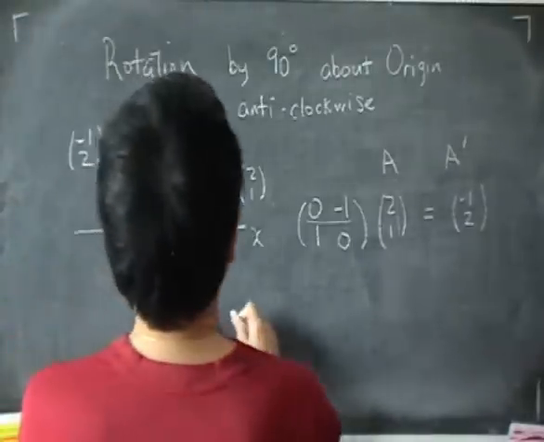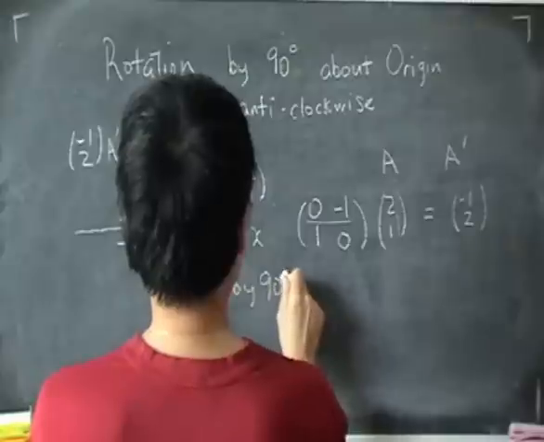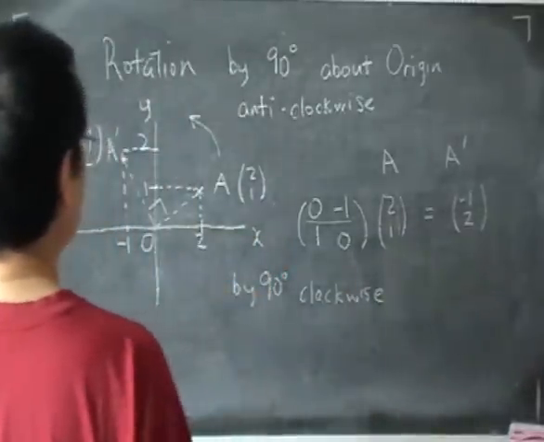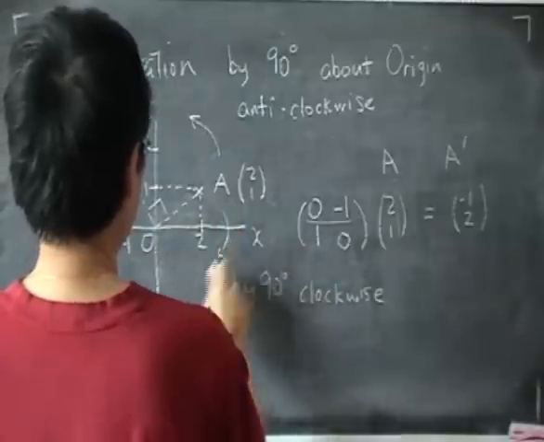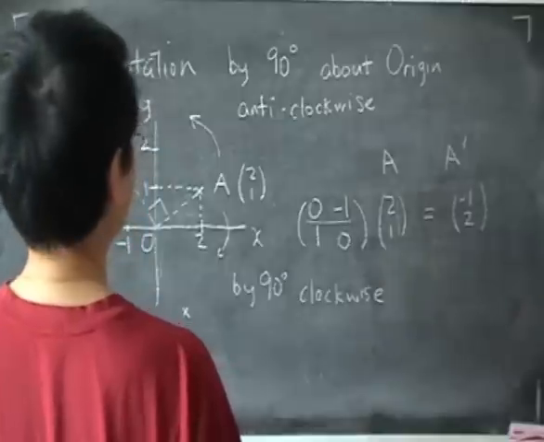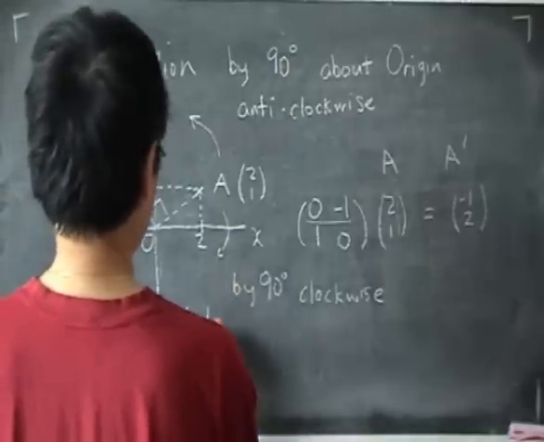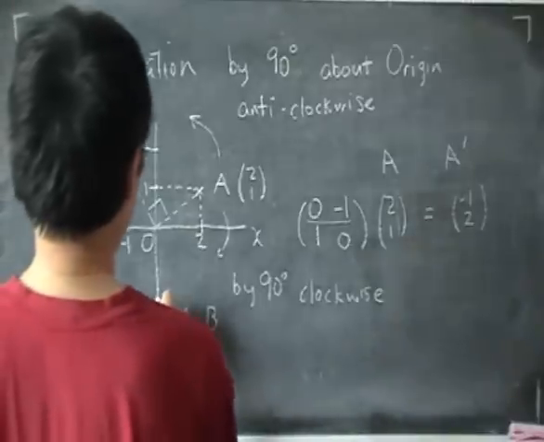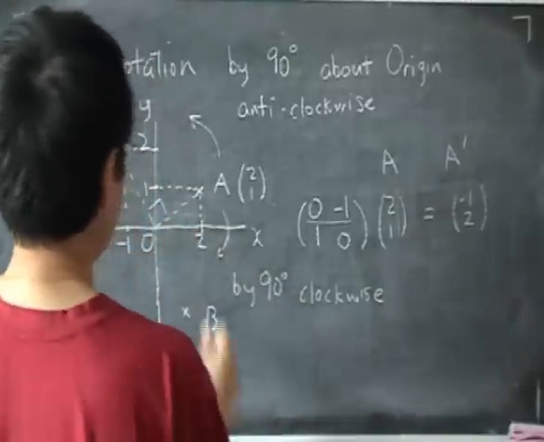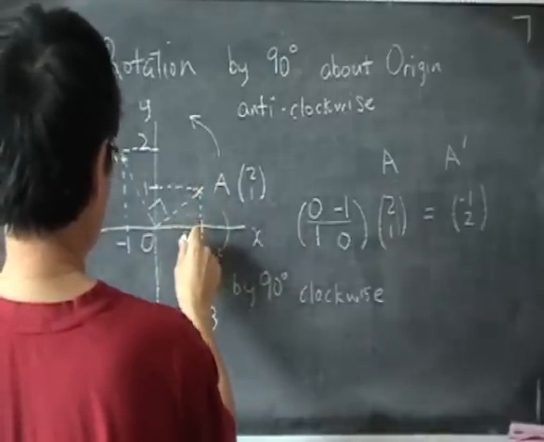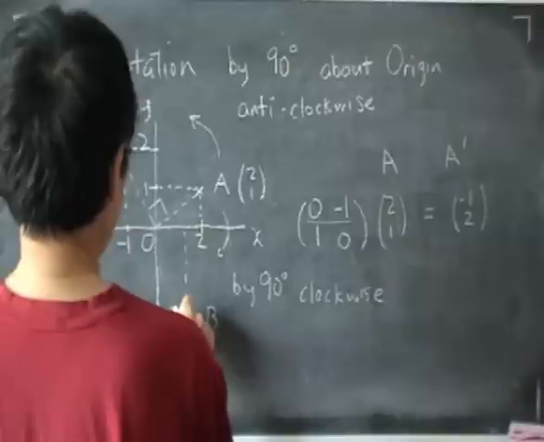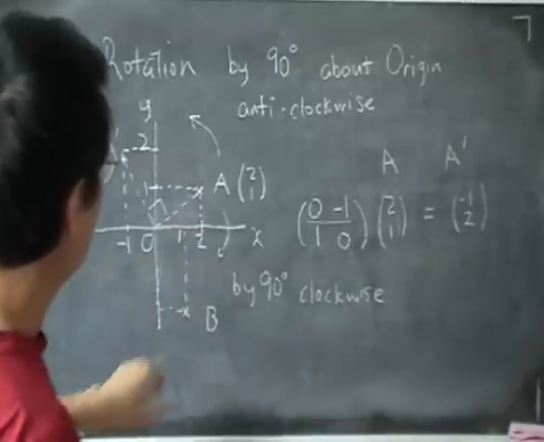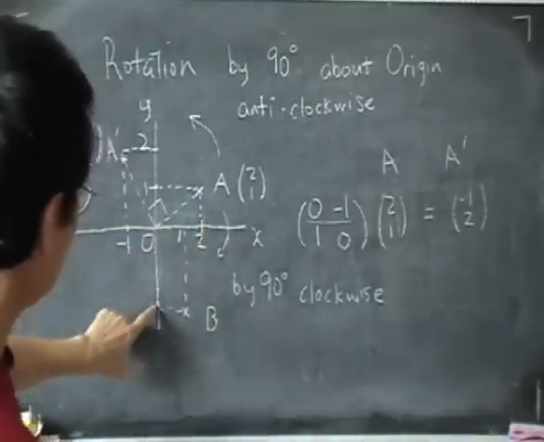If I rotate by 90 degrees clockwise, okay, then A would come down to here, which I'm just going to call B. So what you'll find if you draw this rectangle and rotate it by 90 degrees, the new rectangle will be there, and you find that this side 1 rotates to this side, and this side 2 rotates to this side.